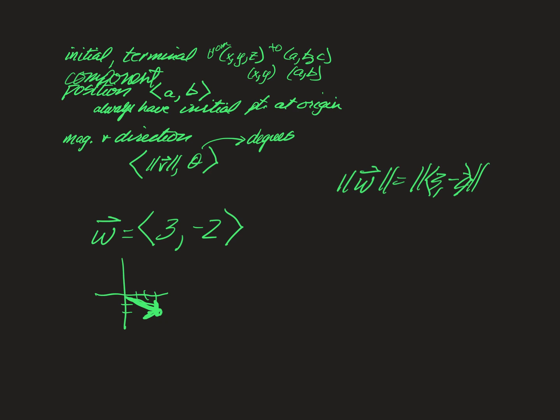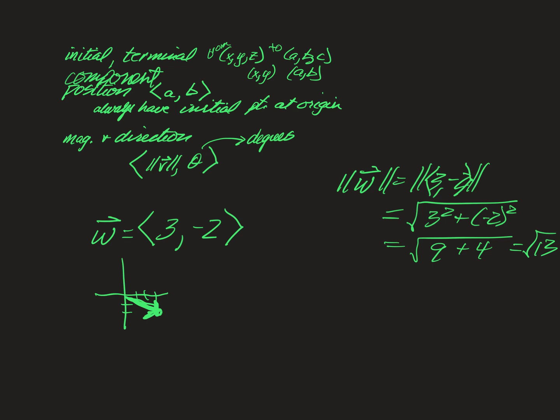So component form, all right? So we know the x, y, we know 0, 0 is the other point, so the magnitude is just the square root of 3 squared plus -2 squared, all right? Which will be the square root of 9 plus 4, or the square root of 13. So that's the magnitude. Now we want to find the angle.